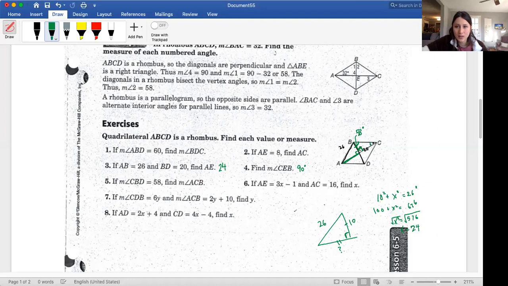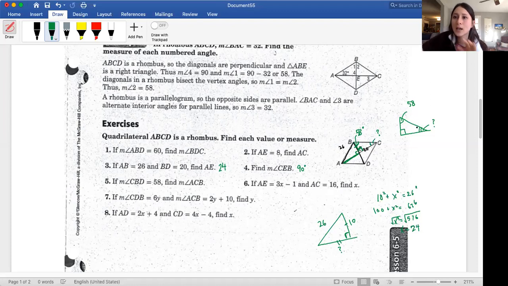Now, again, we've got some information. We're looking for stuff related to triangles. So let me draw this triangle out here. It says this angle here is 58, and we're looking for this one. Now, how many degrees is this angle again? That's CEB. That's 90 degrees, isn't it? So what do we know about all the angles of a triangle added to each other?